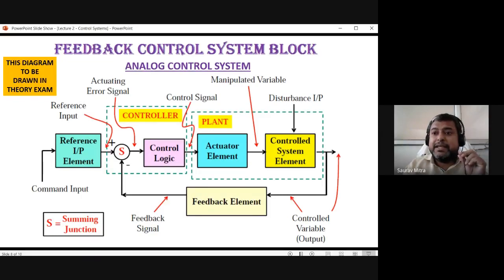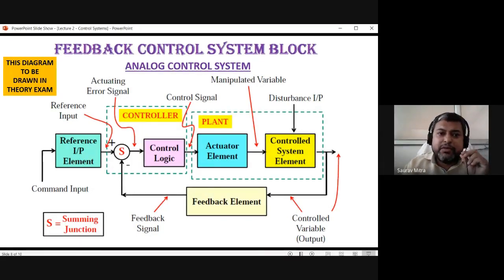Whenever the controlled output deviates, there is a time lag. Immediately it does not come back to the set point. It takes quite a lot of time, 3, 4, 5, 6 iterative loops to come to the set value again. So there is a time lag in the feedback control system, and the disturbance is reflected at the output. These are the two problems of the feedback control system.